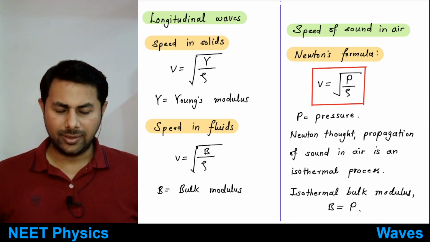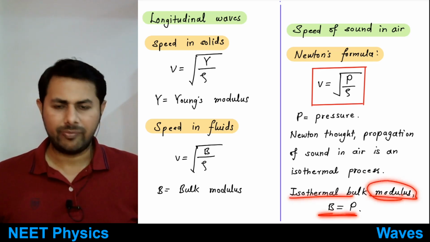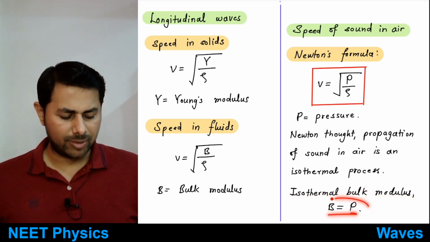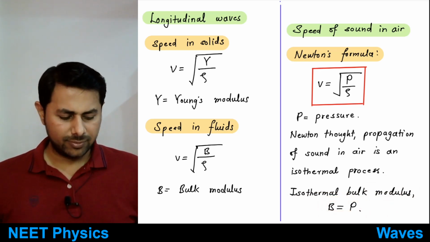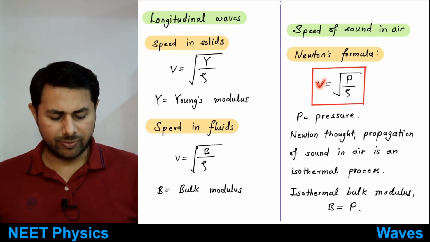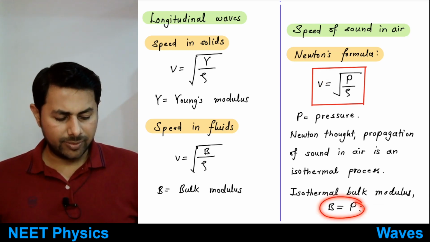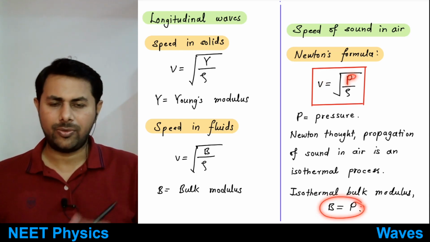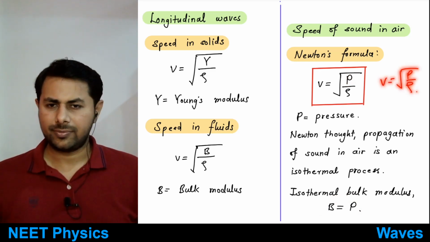Isothermal bulk modulus is given by pressure, just equal to the pressure of the air. So the speed is the square root of bulk modulus divided by rho, and since bulk modulus is pressure, Newton's formula is V equals square root of p by rho.